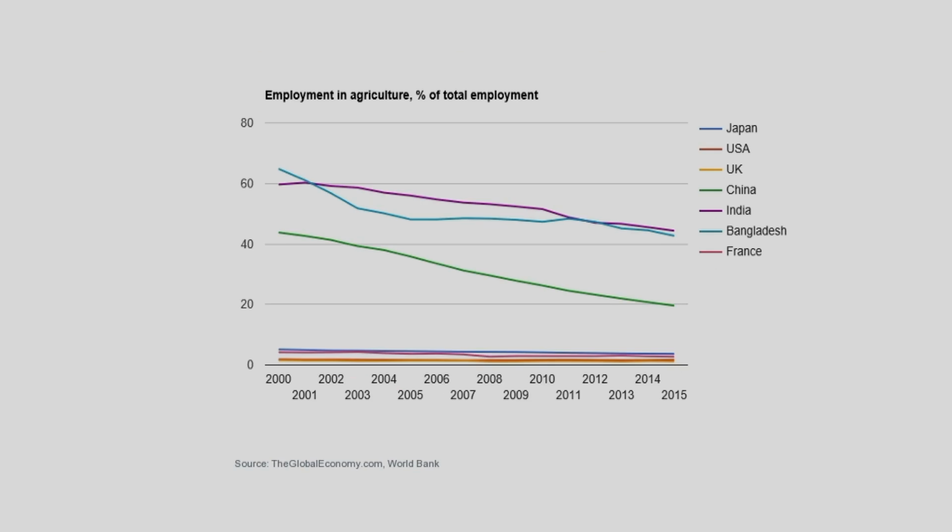If you look at employment in agriculture as percentage of total employment, it also tells us a similar story in terms of patterns. For example, in India and Bangladesh here, you would see that more than 40% of employment is still in agriculture, which means that agriculture is still the biggest contributor to not just output but also employment.